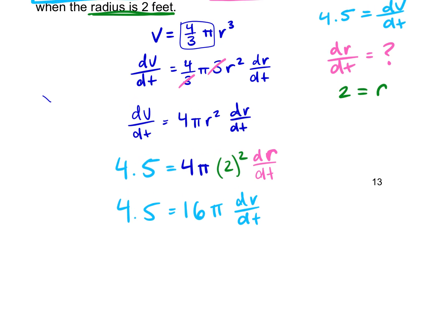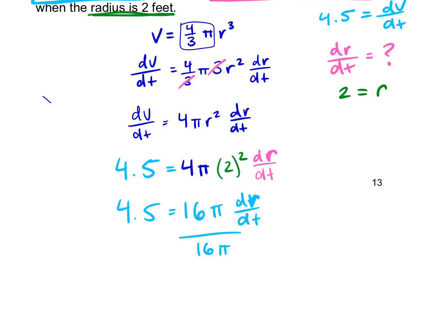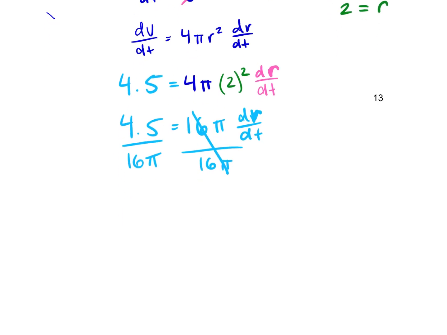How would I get dr over dt all by itself? Divide by 16 pi, perfect. So here we have 4.5 over 16 pi is equal to dr over dt.